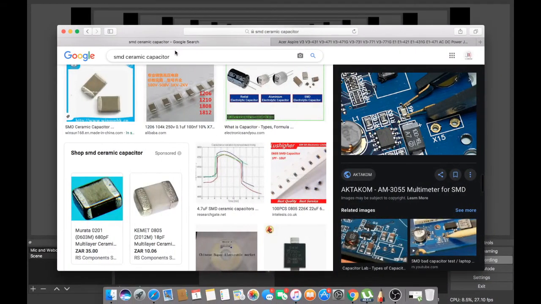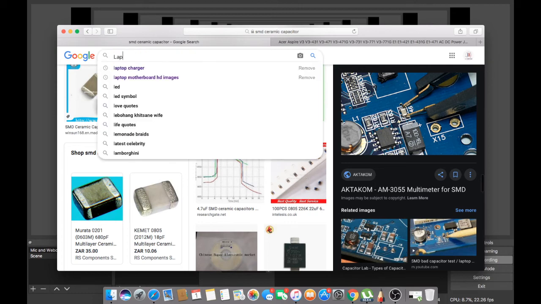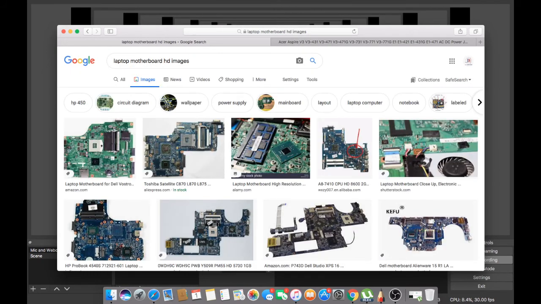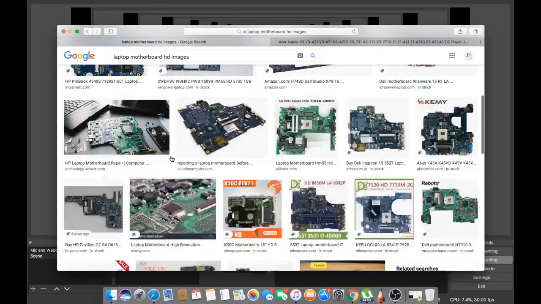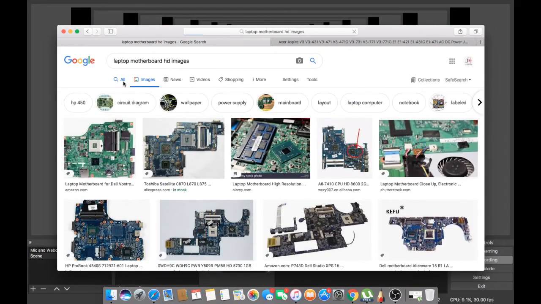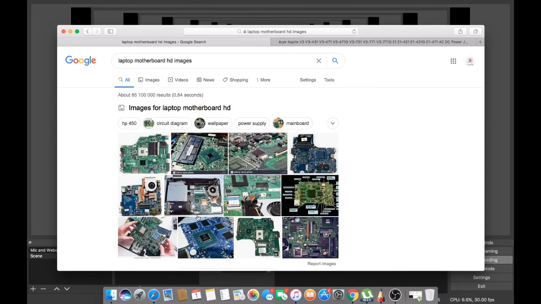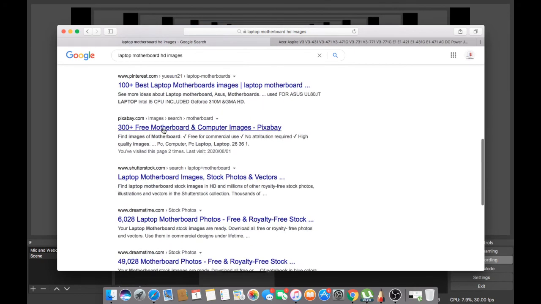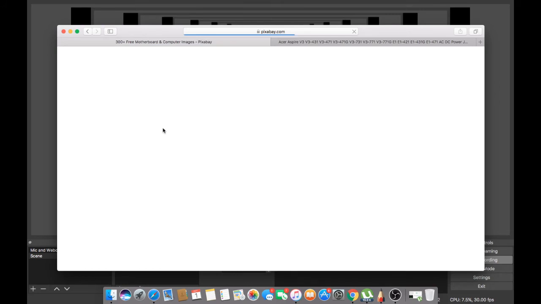Okay, now let me show you the whole thing. Let me search laptop motherboard HD images. I want to show you a nice clear image starting from the charging port, if it's possible. Let's see if I can show you a nice clean image.